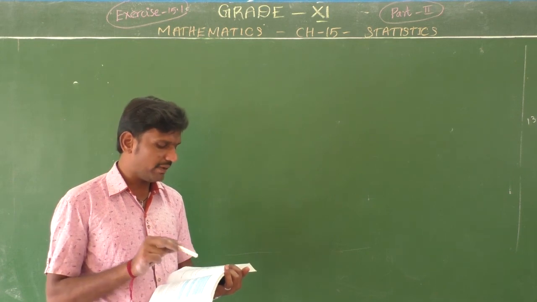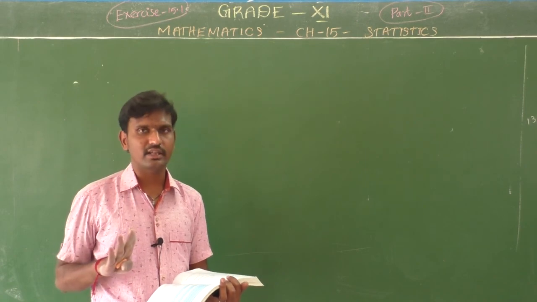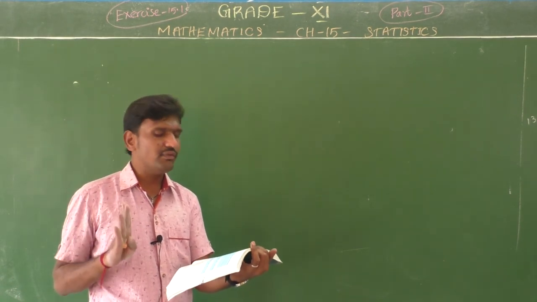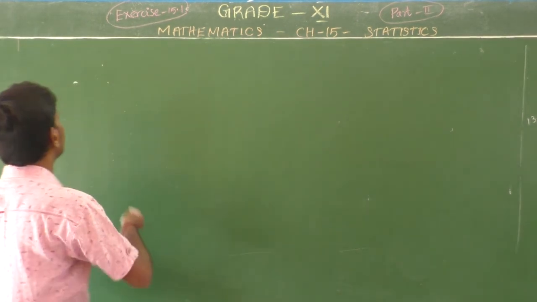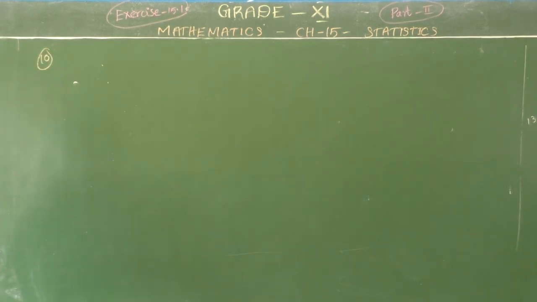Okay, question numbers 9 and 10, the two questions are there. Okay, so I am giving you the 10th question now. The remaining question, try it yourself. Okay, find the mean deviation about mean for the data in exercise questions 9 and 10. Okay, yes.